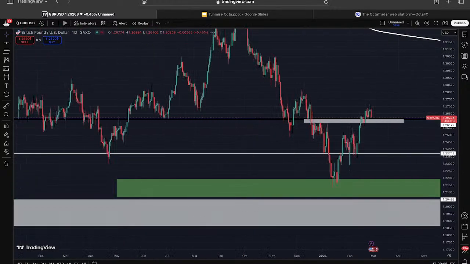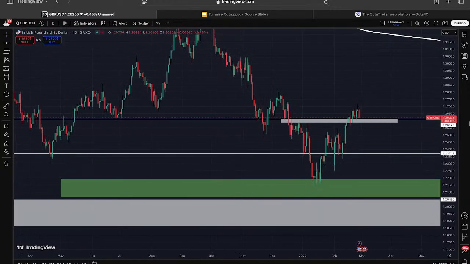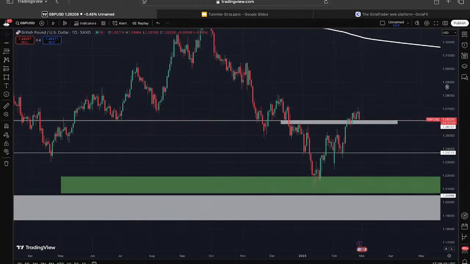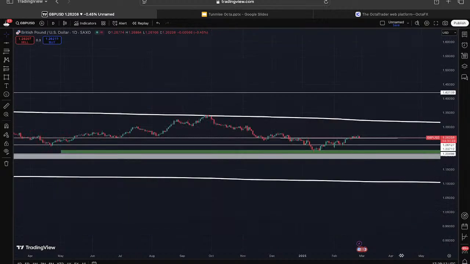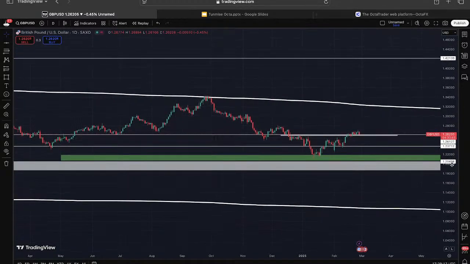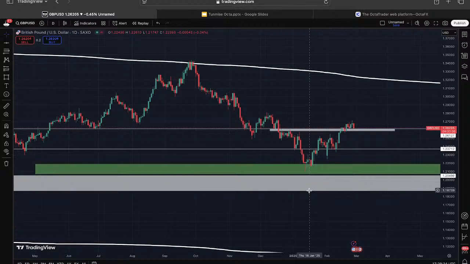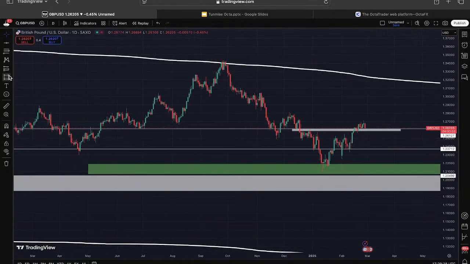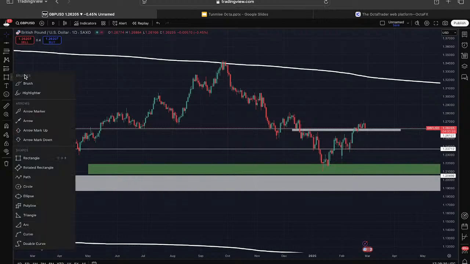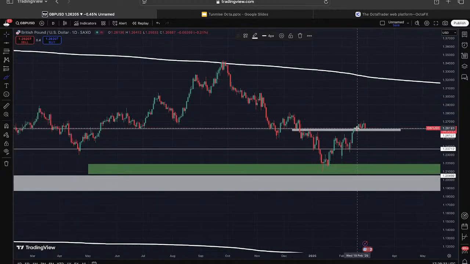So what are the chances of price movement, and where is price going next on the GBP chart? There's a higher likelihood that price will consolidate at this level, and a continuous push in price will occur.